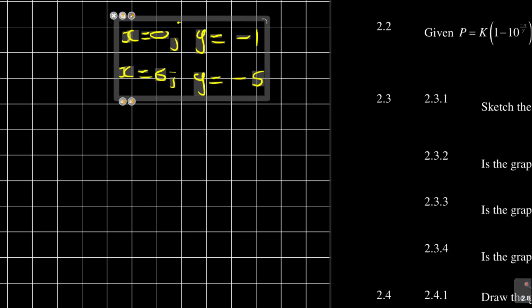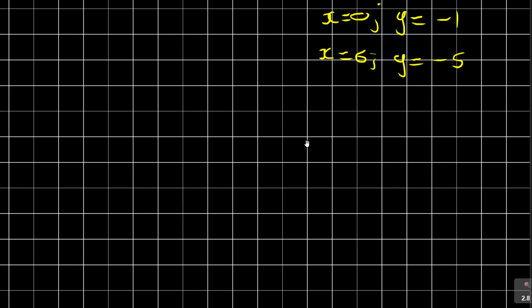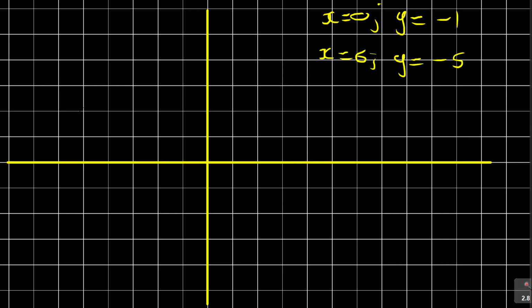So this is what I want to sketch here. Let me have just my line like this, and I can have my line like that. So I've got here my y, I've got here my x. Are you getting that?